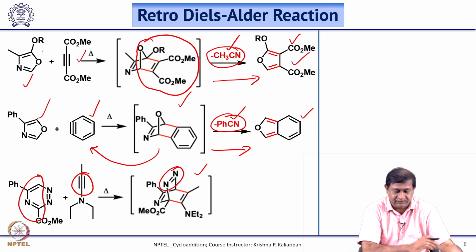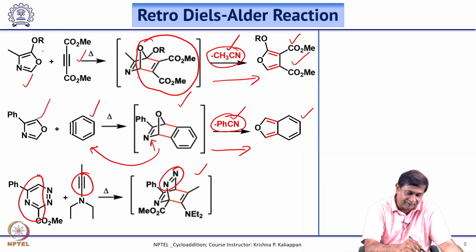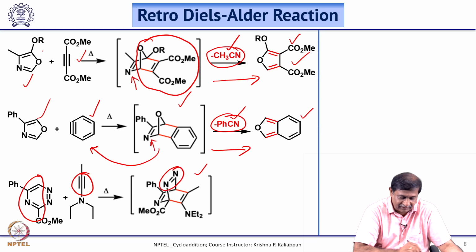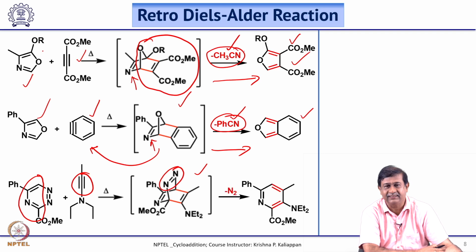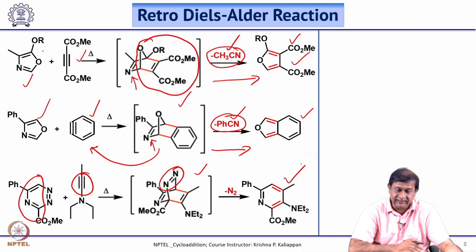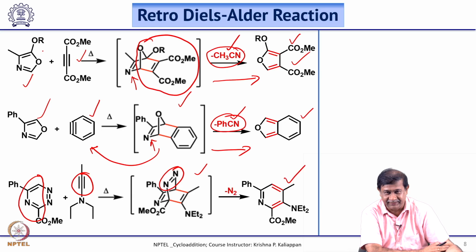Earlier we have seen benzonitrile, acetonitrile, and here the good leaving group is nothing but nitrogen. So, the loss of nitrogen will give highly substituted pyridines.